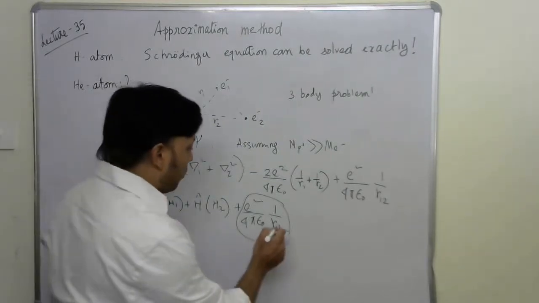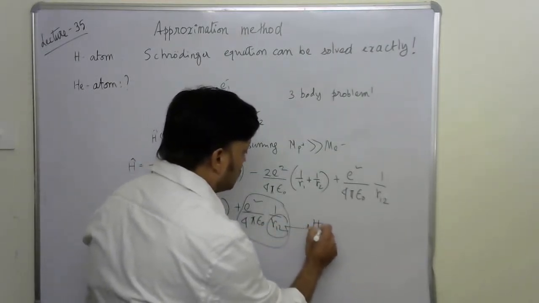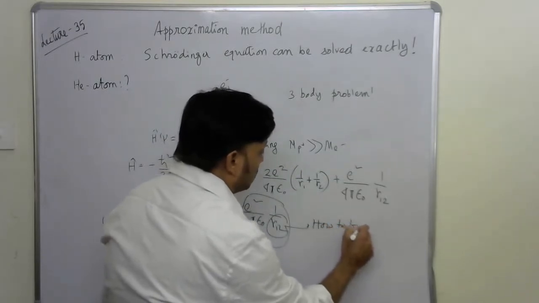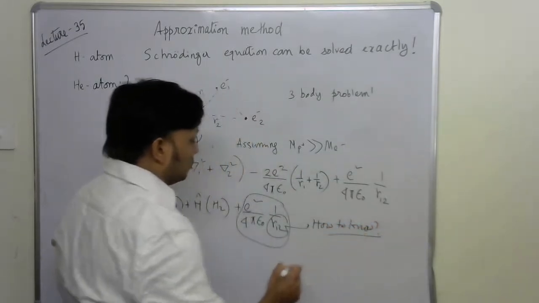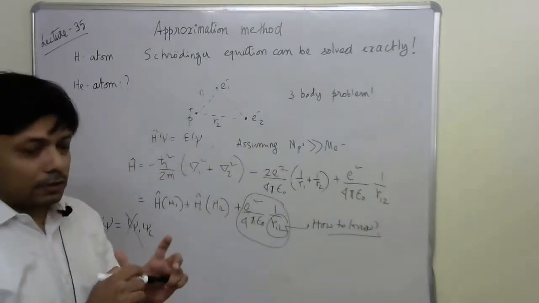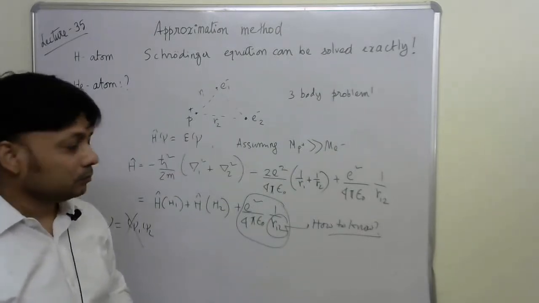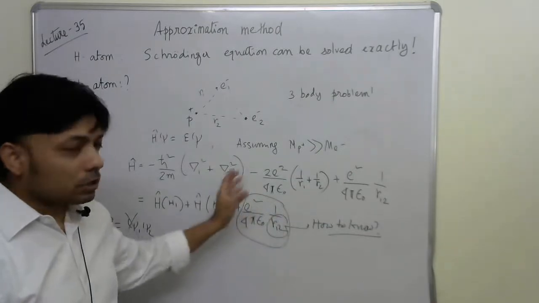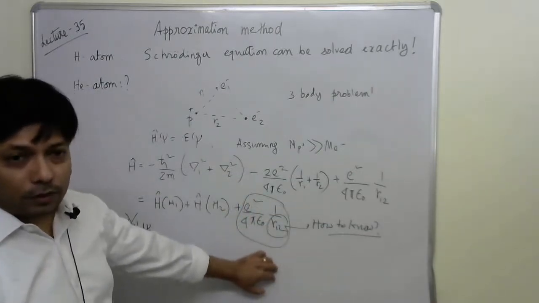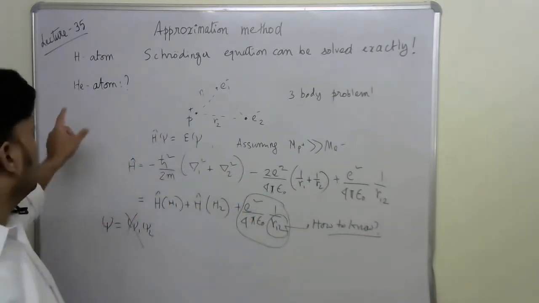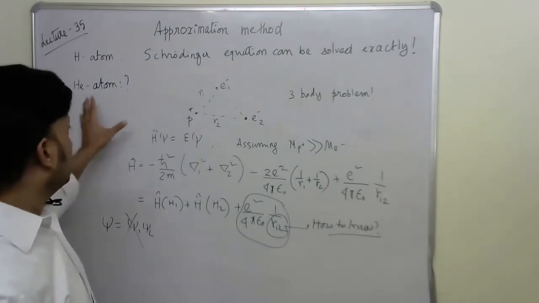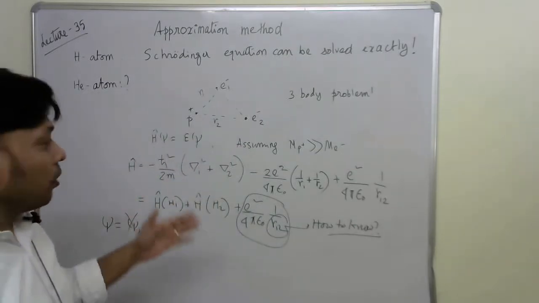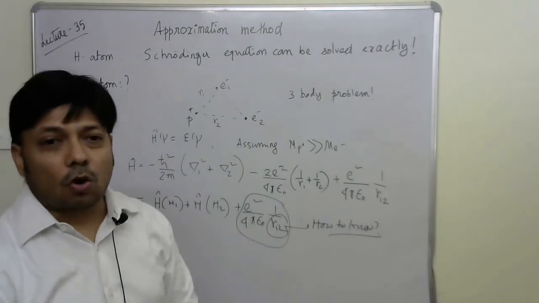But here the problem is how to know what is the distance between the two electrons. In fact it is very difficult to know, or rather it is impossible to ascertain its value, and due to this the Schrodinger equation for the helium atom cannot be solved exactly.